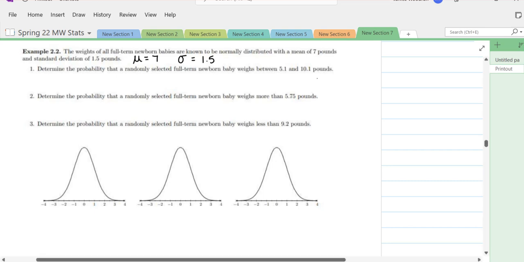Here we would standardize both of these scores. So we would go z, start with the 5.1. So 5.1 minus 7 over 1.5.